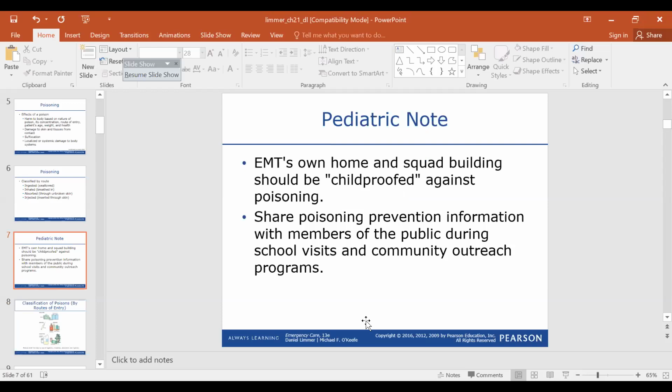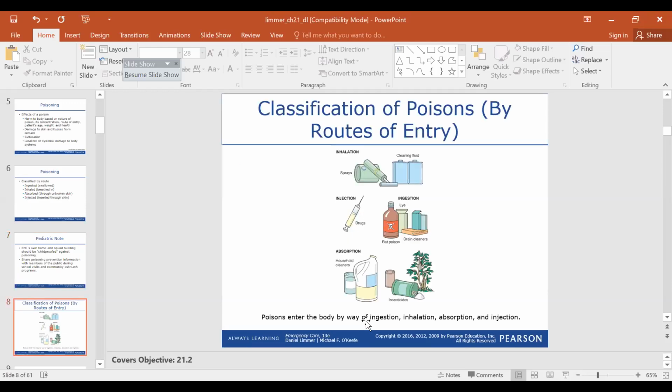An EMT's own home and squad building should be childproof against poisoning. Lock everything up, put things in high cabinets. That's pretty much my recommendation. Share poisoning prevention information with members of the public during school visits and community outreach. These are pictures with the actual routes labeled next to them.